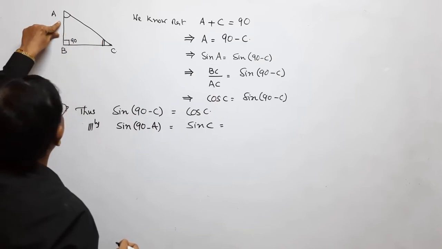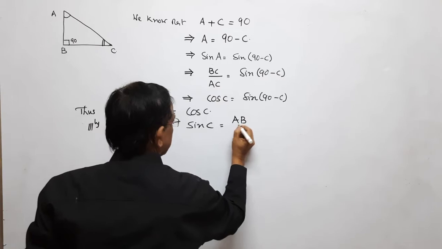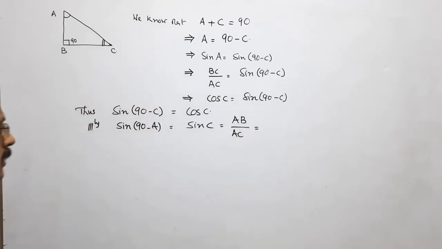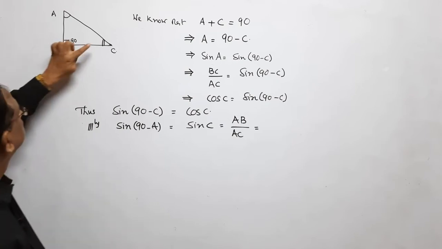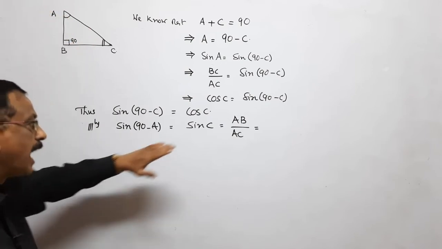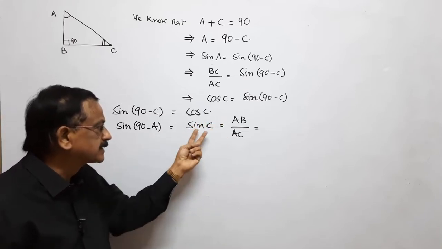Sin C is the opposite side by the hypotenuse, which is AB by AC.